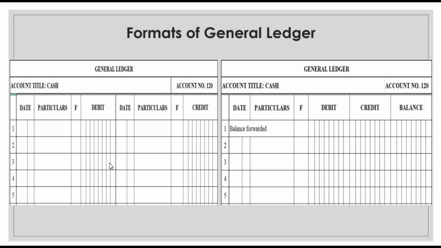Where the bigger amount is, that is the side where you place the balance, or what we call the account balance. So, for our discussion, we will be using the account format first, because we are following a manual accounting system.